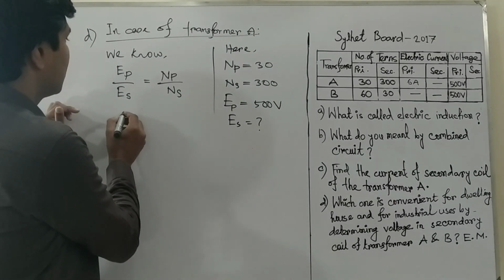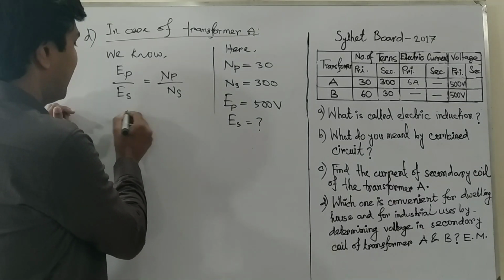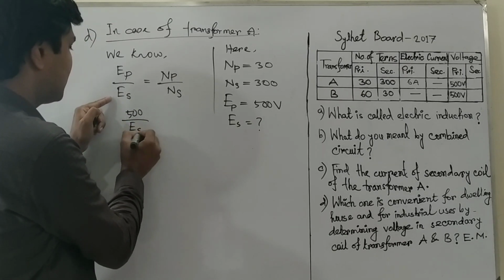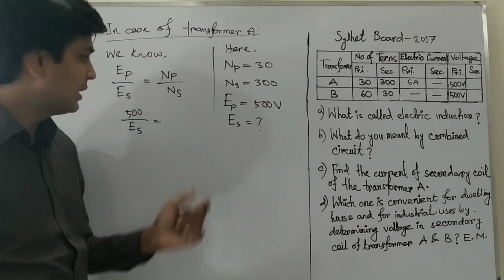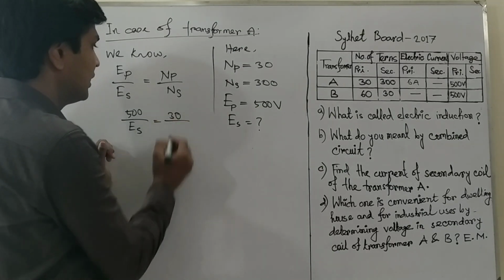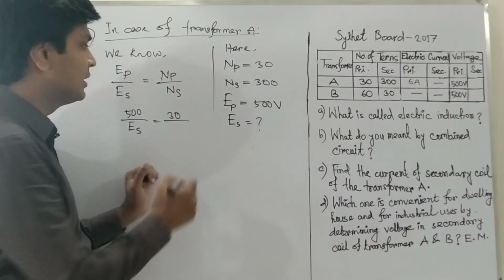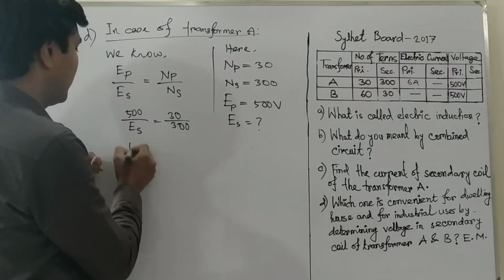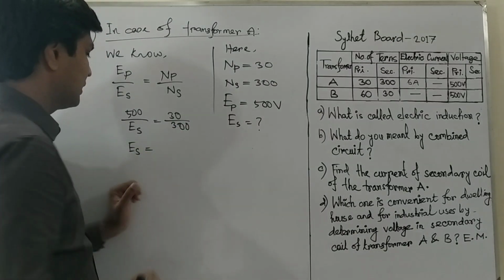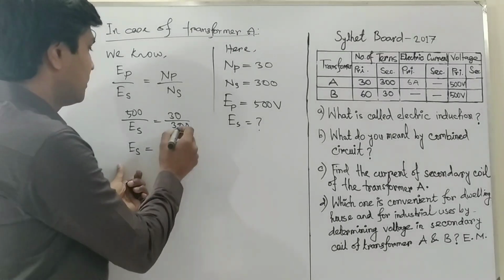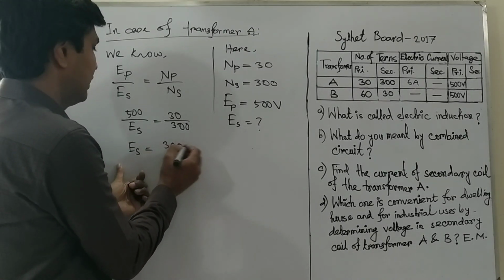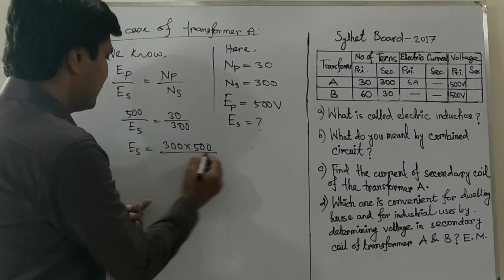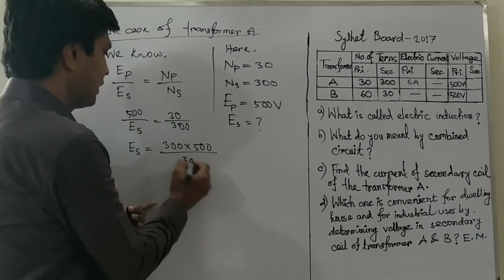So here EP is given 500, ES we have to calculate, the value of NP is given here 30, and the value of NS is given 300. So we can write here ES equal to 300 into 500 divided by 30.